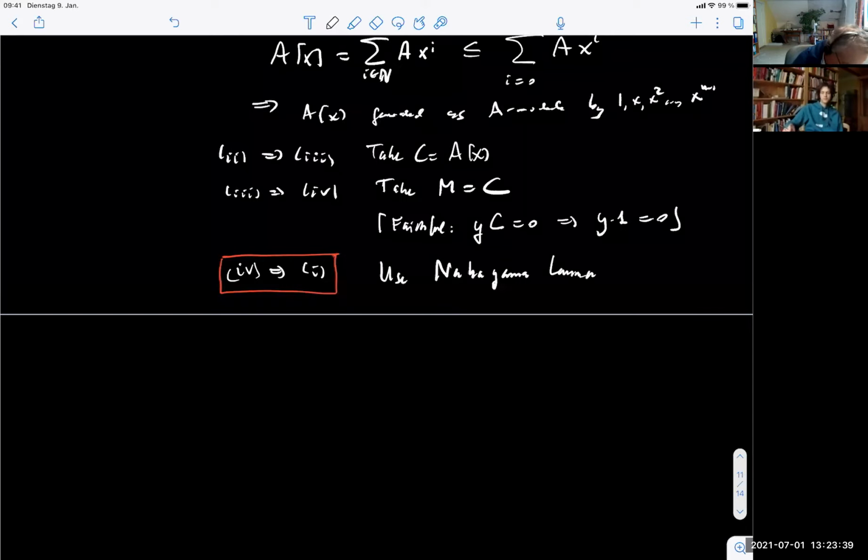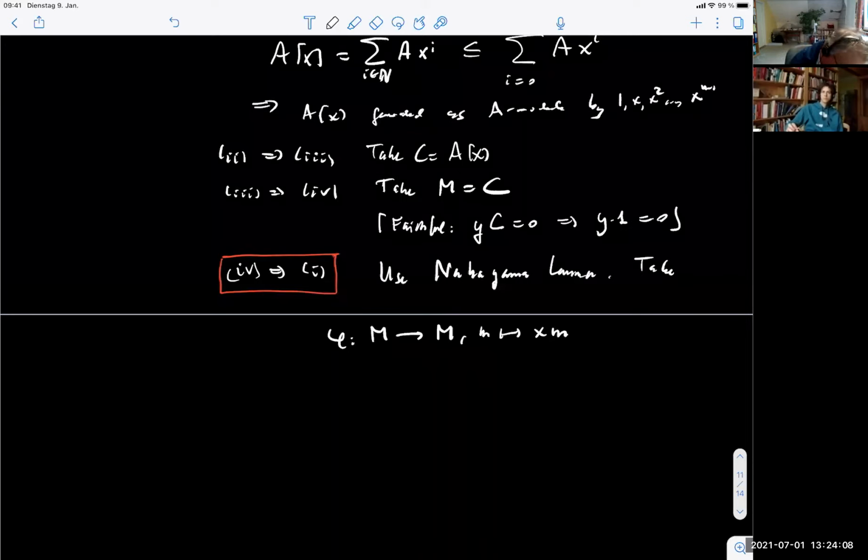So let's take phi from M to M, and this is just multiplication with X. M goes to XM. It makes sense because M is an AX module, so I can multiply with X. This is defined. The AX I forget, it's just important that I can multiply with X.